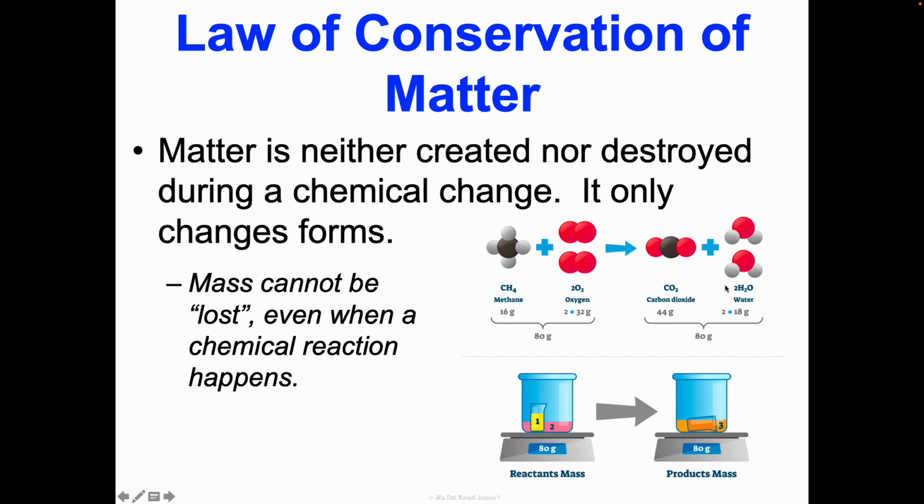Okay, so this is carbon dioxide and water. It should still equal 80 grams. So 80 grams should make 80 grams. It shouldn't just, quote unquote, disappear. Okay, so that's what the law of conservation of matter states, or the law of conservation of mass, which basically just says the total mass of the reactants in a chemical change is equal to the total mass of the products. Okay, so same general principle.